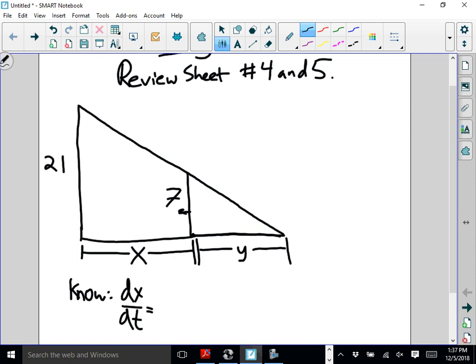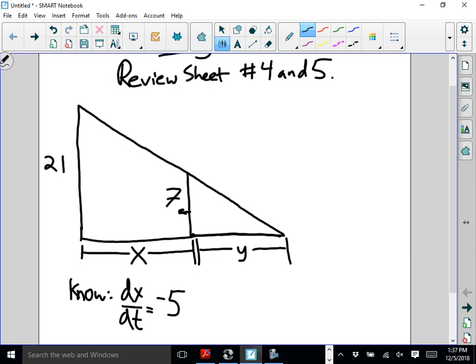Well, here's how I think about it. As that player is walking towards the light, is that distance x growing or shrinking? Well, that distance x would obviously be shrinking, therefore dx/dt needs to be negative 5. And that's literally all I know.